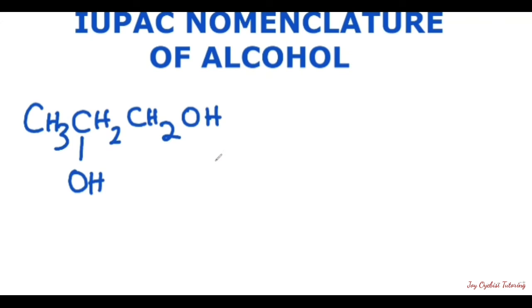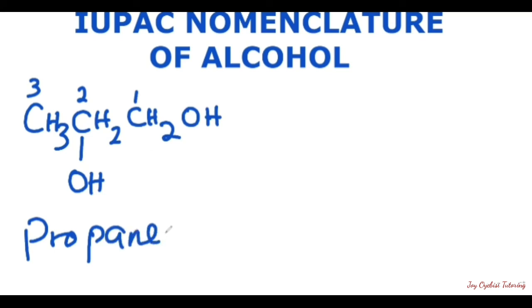All right, so for this one, you can see here too that there are 2 OH groups. Okay, so all you just have to do is number. I'm going to start from here to be 1, 2, and then 3. So this is a propane. So propane, then you say 1,2-diol.